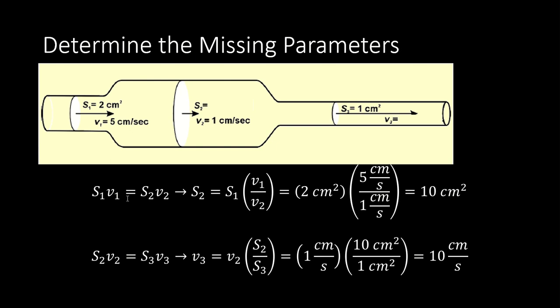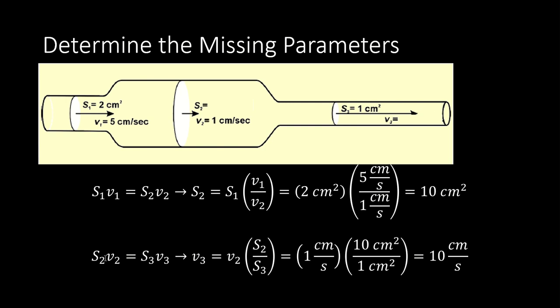Well, S1V1 equals S2V2. Solving for S2, that gets us 2 square centimeters times the ratio of 5 centimeters per second over 1 centimeter per second, or 10 square centimeters. Now then, we have our surface area and fluid velocity at this point. What if we approach our next interface region, where the surface area is 1 square centimeter? What would be the fluid velocity for that?